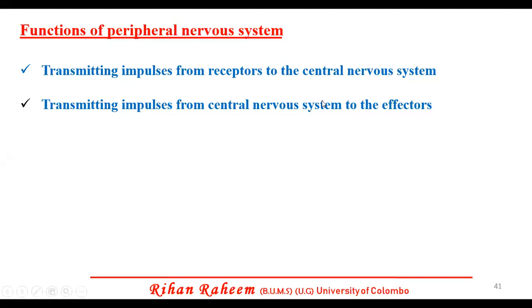Now tell me, what are the two possible effectors? Muscles and glands. Very good. Muscles and glands can be the effector. According to the situation, it will change.